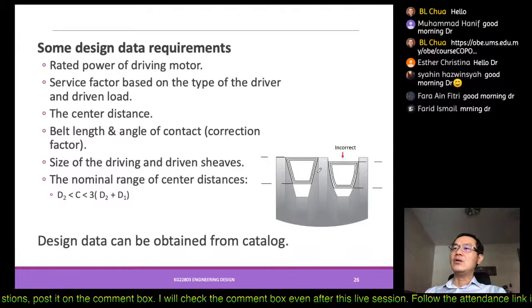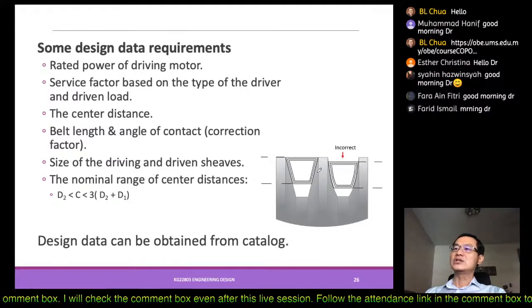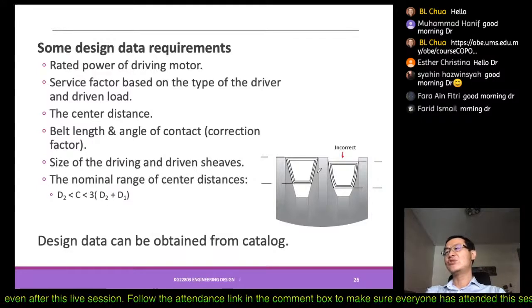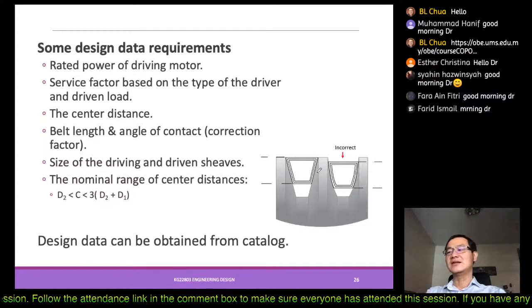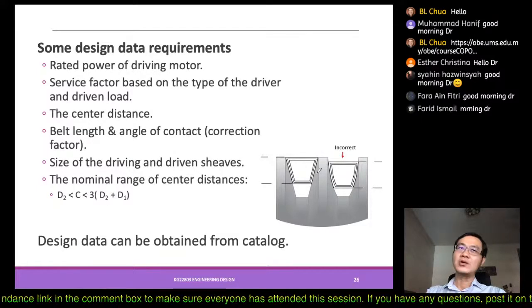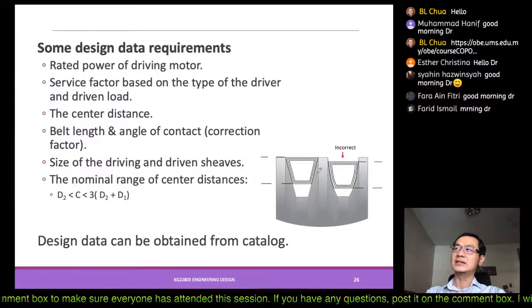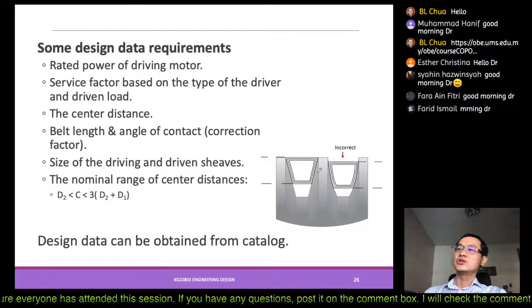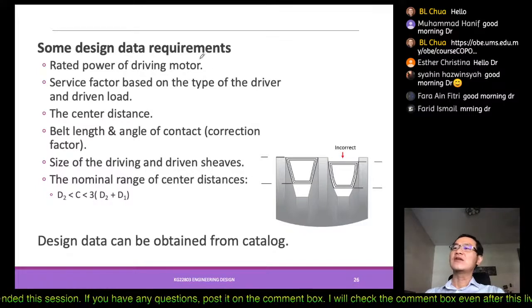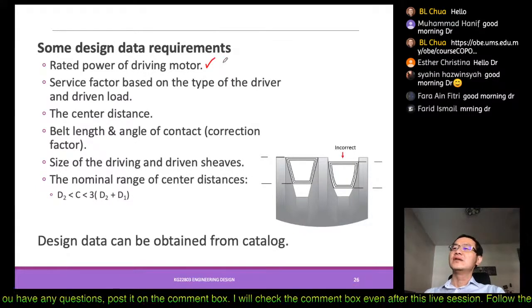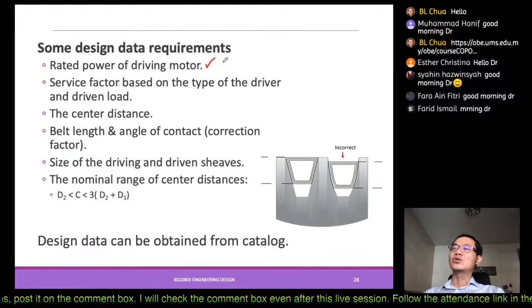Now the question is how we are going to design. What are the requirements or data that we need to enable us to select a proper belt? First things first, we have to know the power of the driving motor or machines.